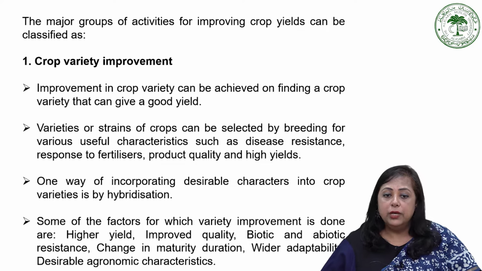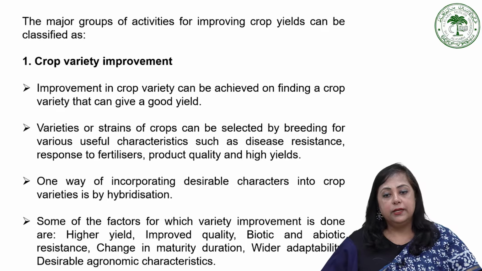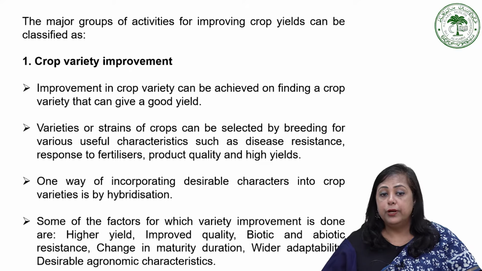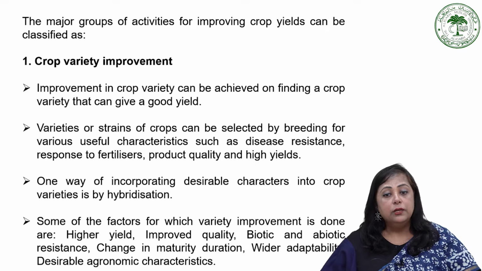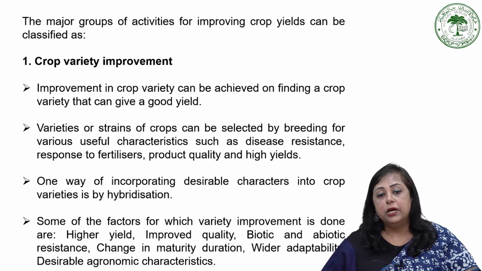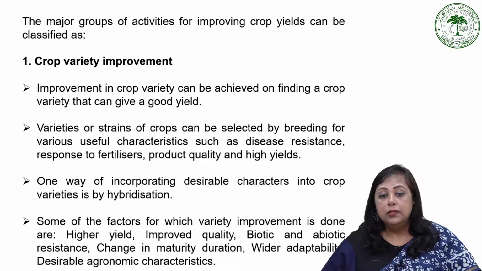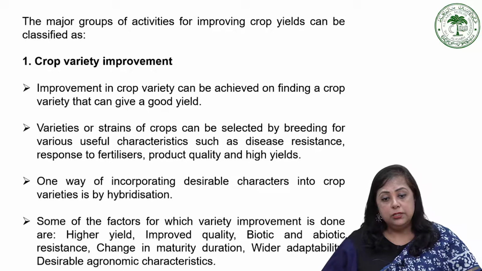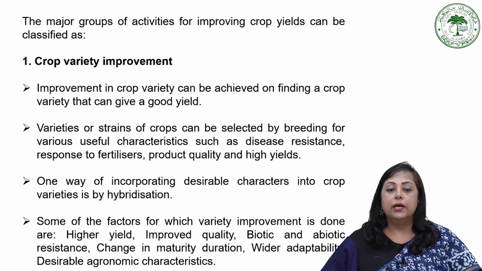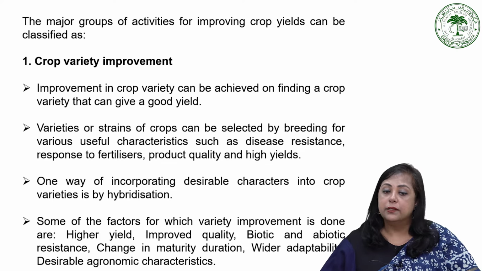One way of incorporating desirable characters into a crop variety is by hybridization. Some of the factors for which variety improvement is done are high yield, improved quality, biotic and abiotic resistance, changes in maturity duration, wider adaptability, and desirable agronomic characteristics.